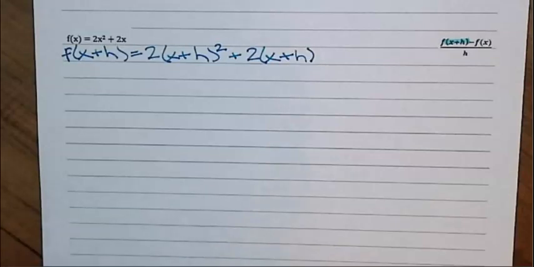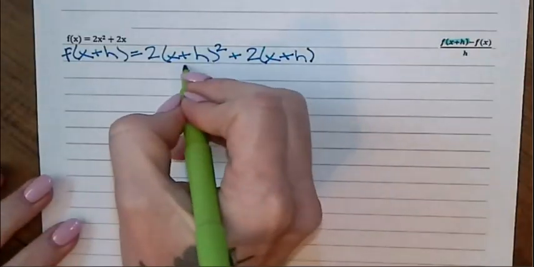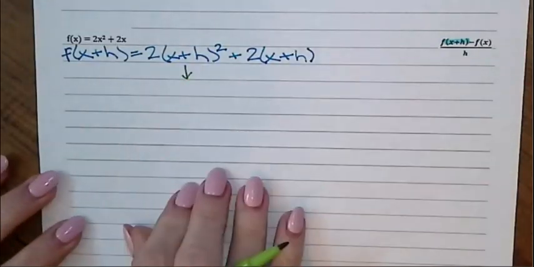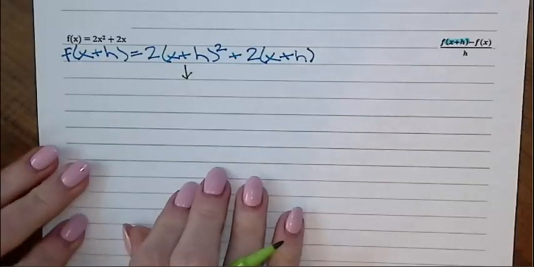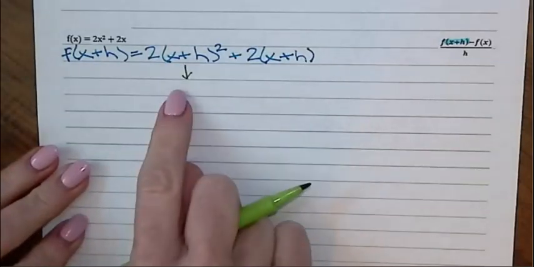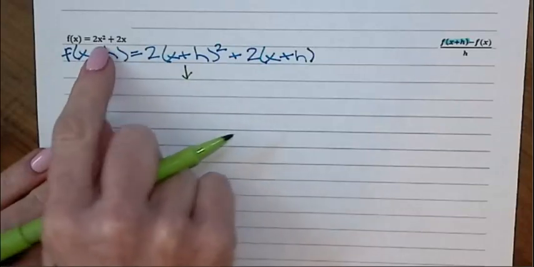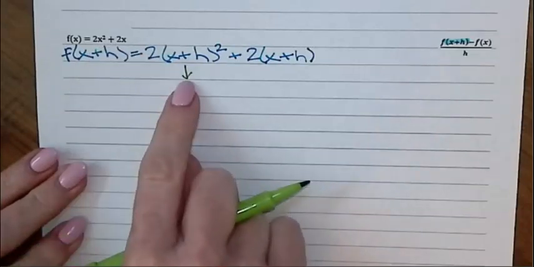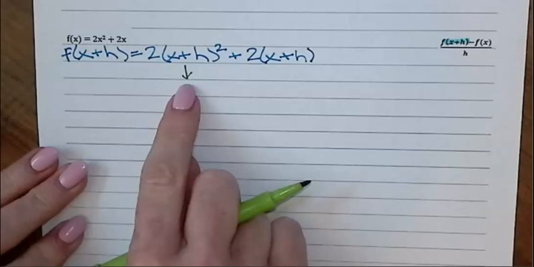So I want to think for a second about this x plus h squared. Anytime we have a quadratic here, we're always going to have to do this.